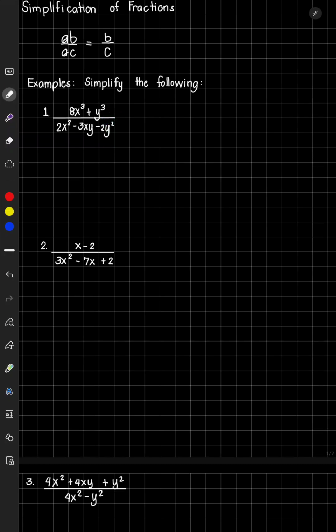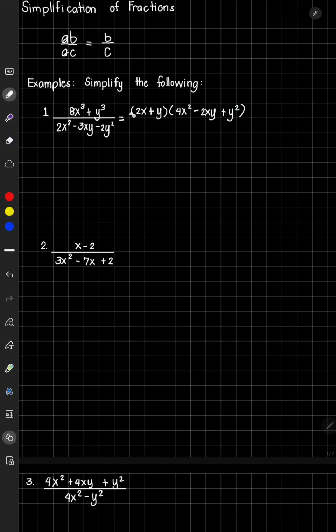For the numerator, from our previous discussions, we can find the factor to be 2x plus y multiplied by 4x squared minus 2xy plus y squared.